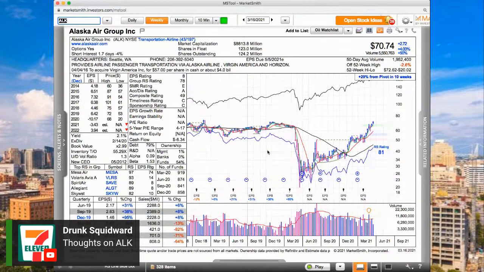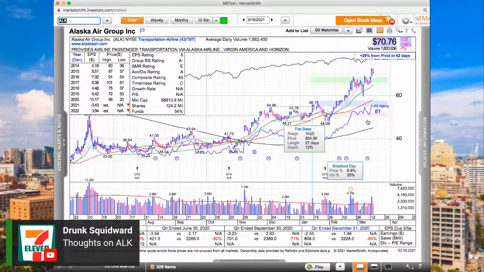I don't see a base pattern. If you did buy it at this level, it's fairly far extended. Let's see how far it's extended off the 10-day line. Yeah, it's pulling back to the 10-day line. I think you've got to wait on this one until it bounces off the 10-day line. It looks as if it's trading above that now, so that's good.